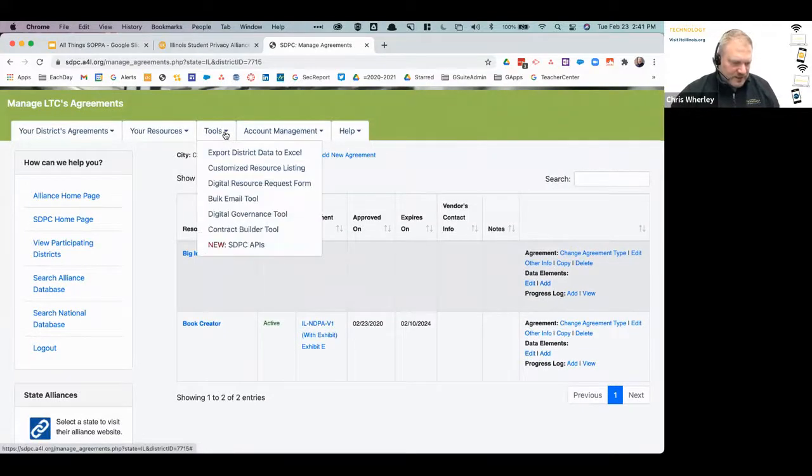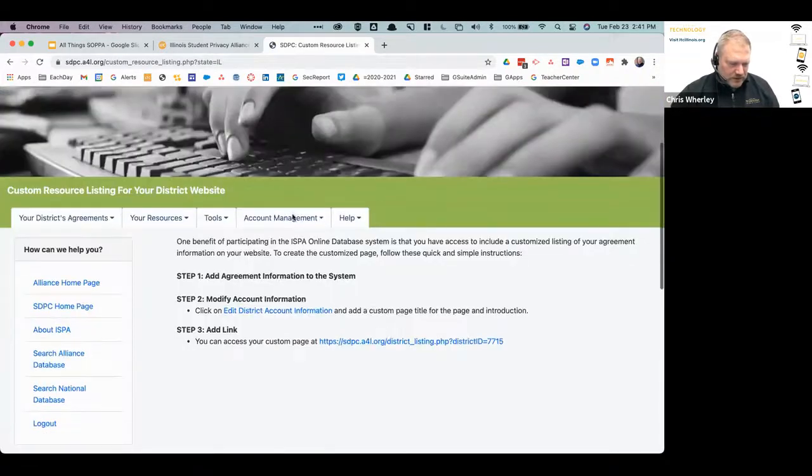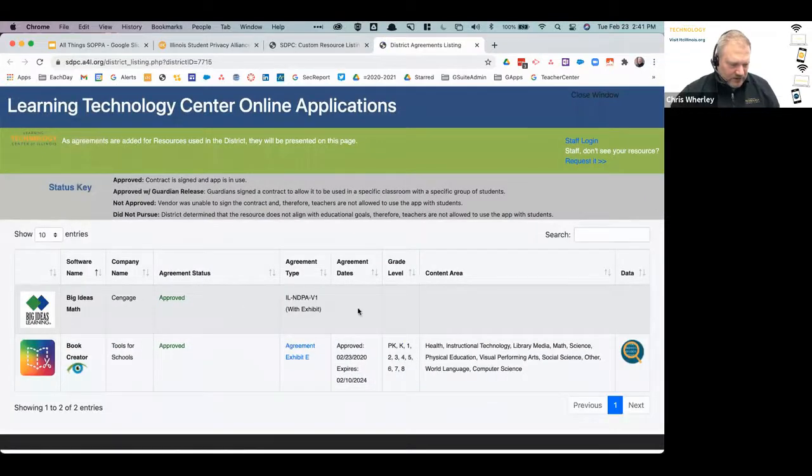The other tips and suggestions was to go to tools and custom resource listing and just have this bookmark. This is something that you can include on your web page to show your list of files. So if I look at this, I could have seen that this one, the date was wrong.